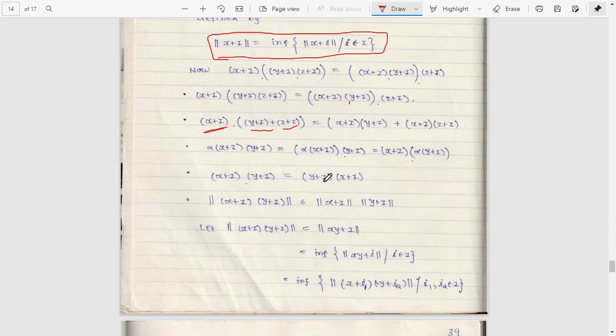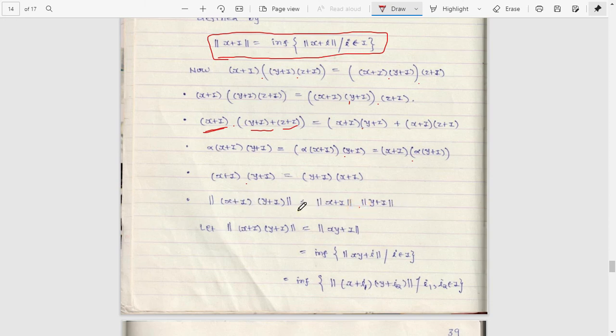This is commutative. Norm of (x plus I) into (y plus I) is less than or equal to norm of (x plus I) into norm of (y plus I).